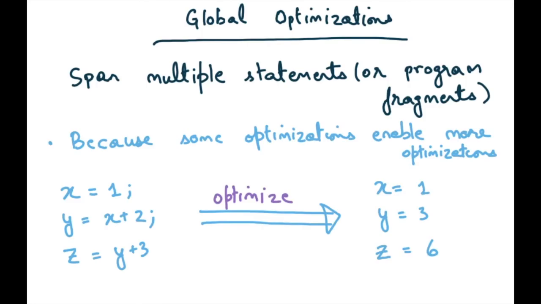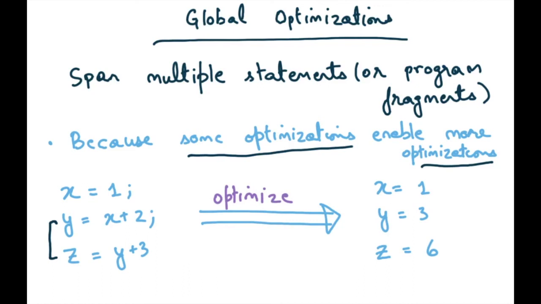All right. Now there's another reason why global optimizations may get enabled, and this is because some optimizations enable more optimizations. All right. So here's an example. Let's say x equals 1, y equals x plus 2, z equals y plus 3. Now if I look at y and z here, they look like perfectly good code, and I don't need to optimize it any further.